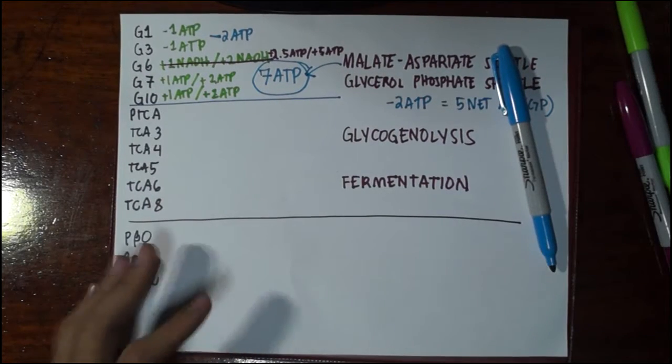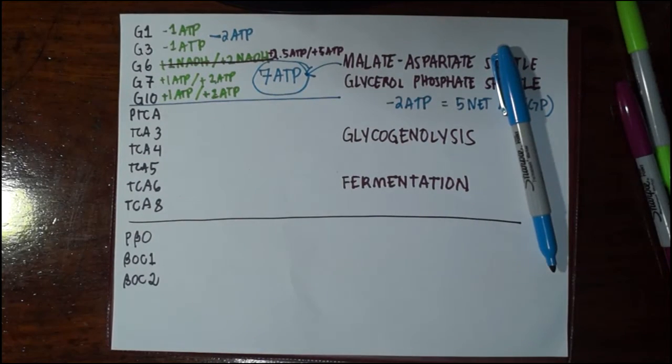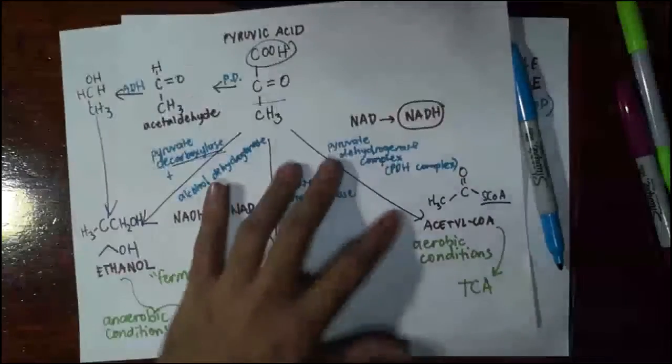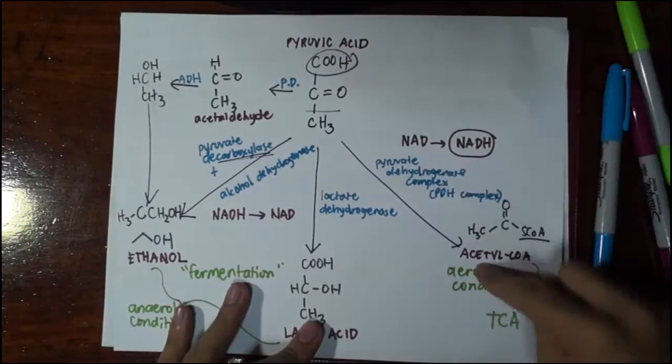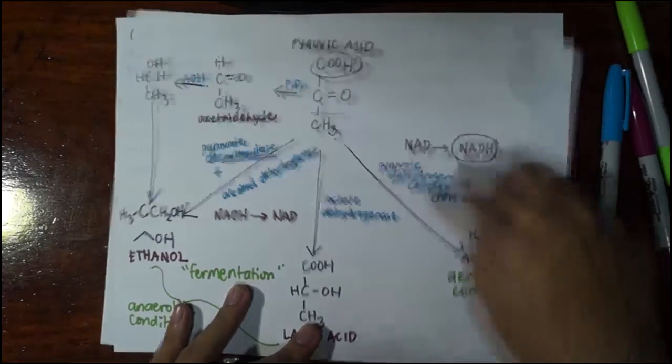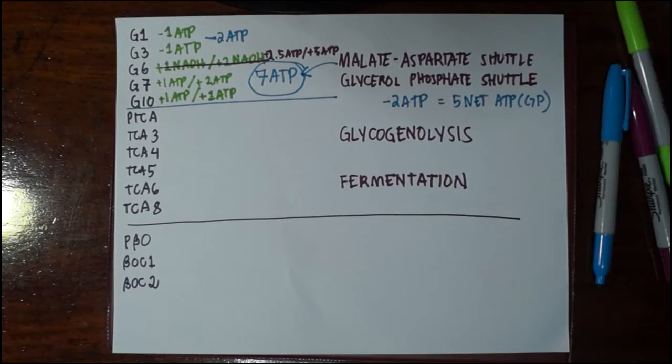Now, for the pre-TCA, again, this is the conversion of pyruvic acid to acetyl coenzyme A. In this reaction from pyruvic acid to acetyl-CoA, we produced 1 mole of NADH.